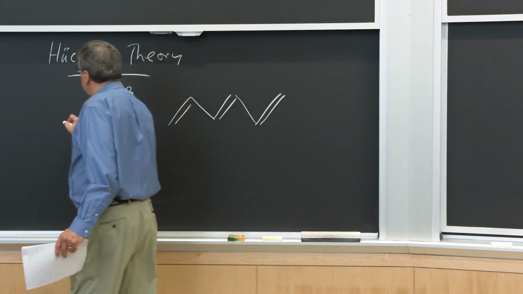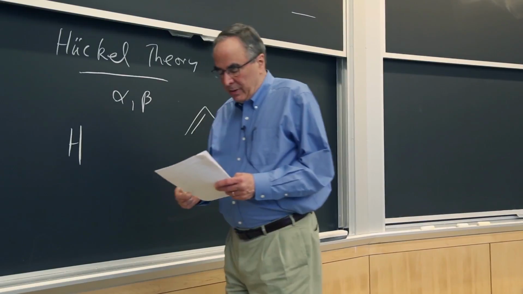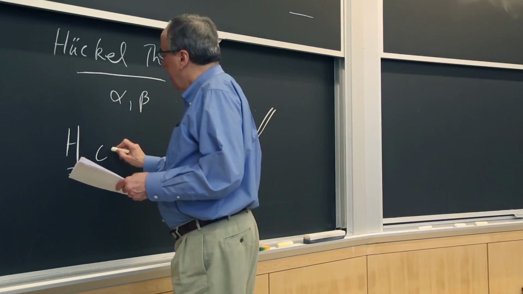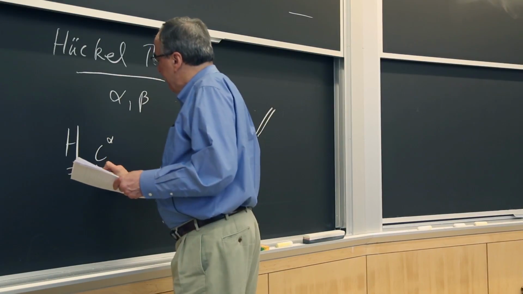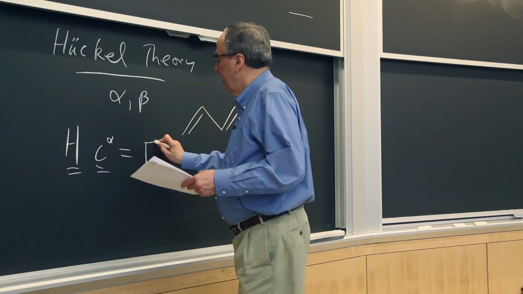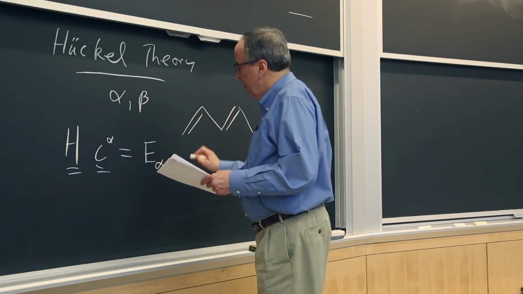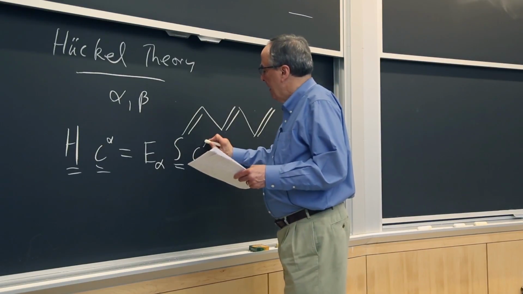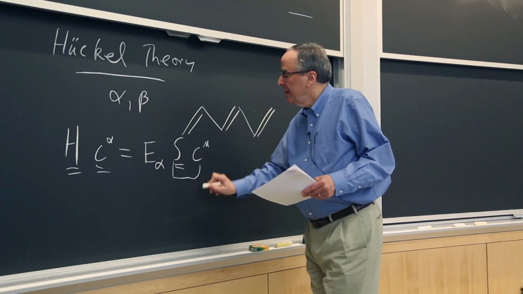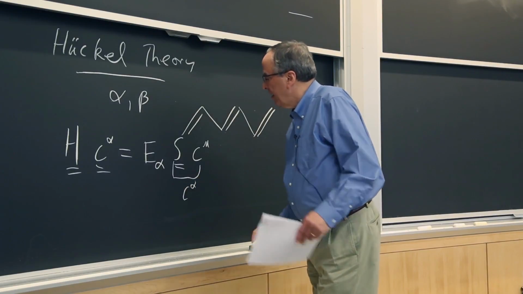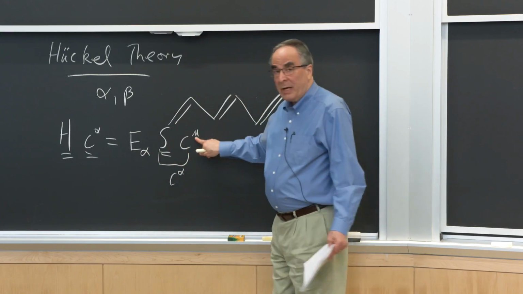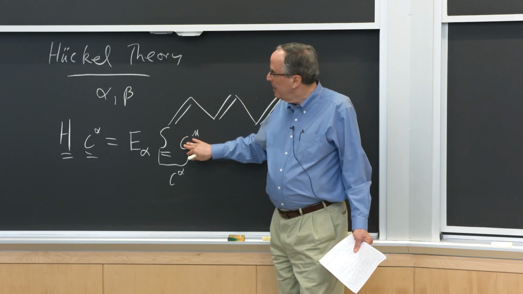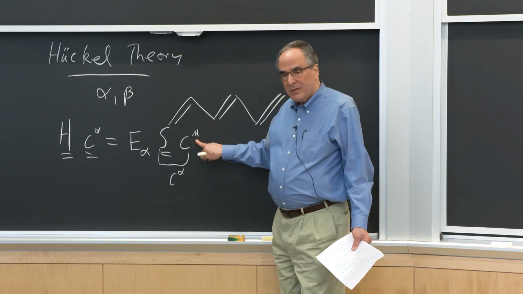So when we're doing a variational calculation, expressed in matrix language, we have a Hamiltonian matrix, we have eigenvectors, and we have eigenvalues, and we have the overlap matrix, and we have something where this is C alpha, where here we can have non-orthonormal basis functions, and this makes them normalized.